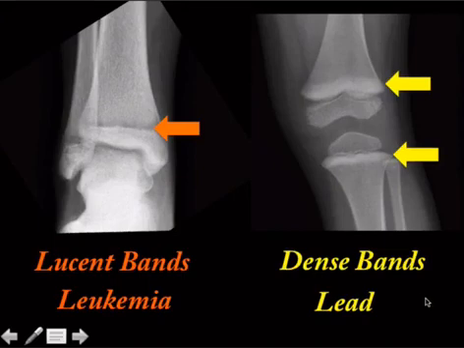Lucent bands can also be neuroblastoma, rickets, osteomyelitis. Dense bands can be chronic anemia, like you'd see in sickle cell or thalassemia, methotrexate, or growth arrest band, like in JRA. But memorize the long list if you want, but these are the two that I think, if you knew any of them, are the most likely, most classic.